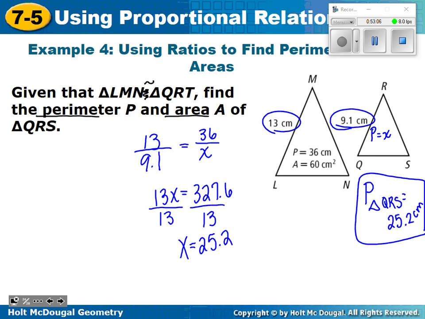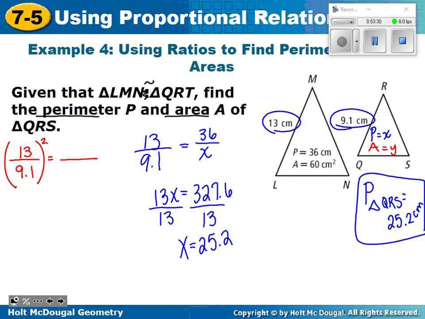Okay, here's the part that's trickier. Now we're going to try to find the area. So we can let area equal y here in my work. It is the ratio of the sides, 13 over 9.1 squared, is equal to the ratio of the areas. So what's my area of my first triangle?